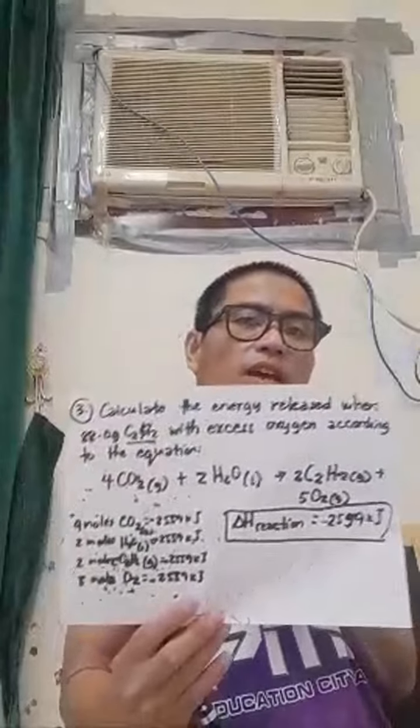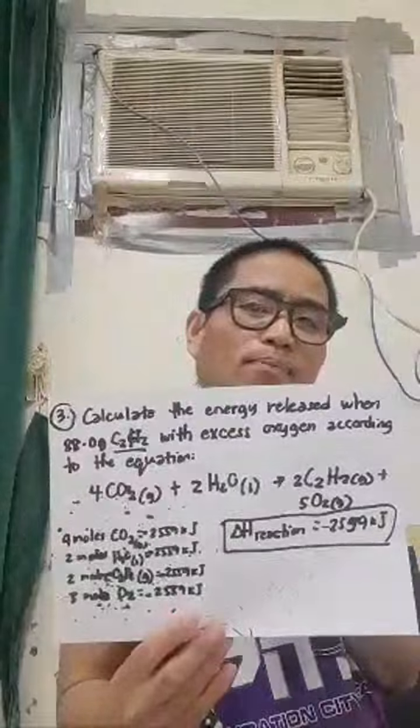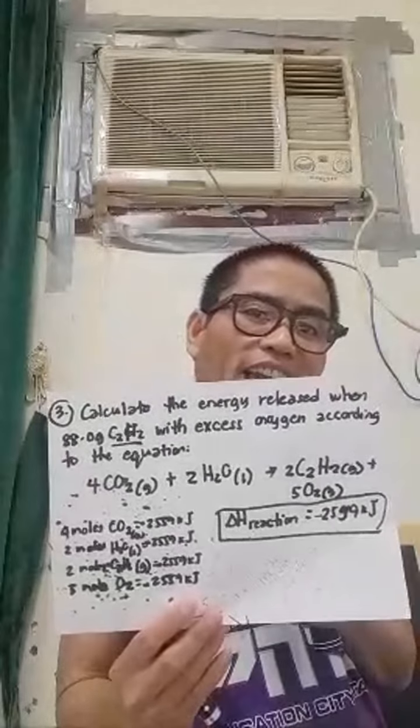When you multiply that with the molecular weight and reverse that molecular weight, then you can cancel that out. What's left in your equation is the number of moles, and then you have the number of moles in your chemical reaction, the stoichiometric relationship. Then bingo, you can solve what is being required, and then you can put the energy that is given here, which is the enthalpy of reaction, negative 2559 kilojoules.